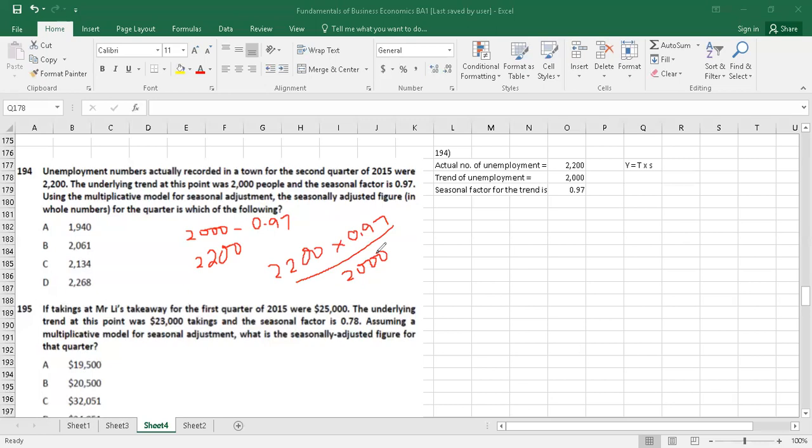The underlying trend at this point was 2000 people.